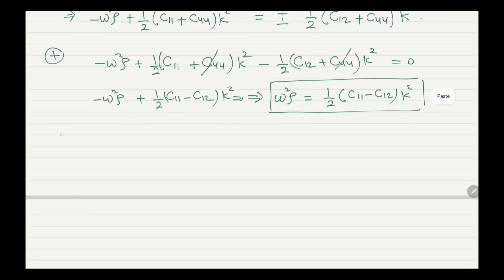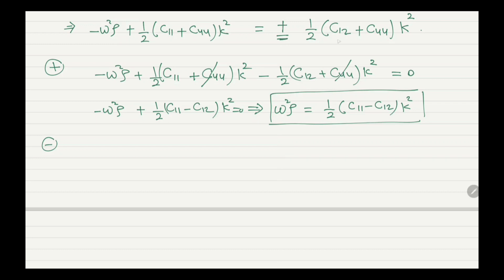Now for the negative solution, you will find that minus omega square rho plus half C11 plus C44 k square, actually it's minus, when you move it to this side it will be positive, plus half C12 plus C44 k square equal to 0.